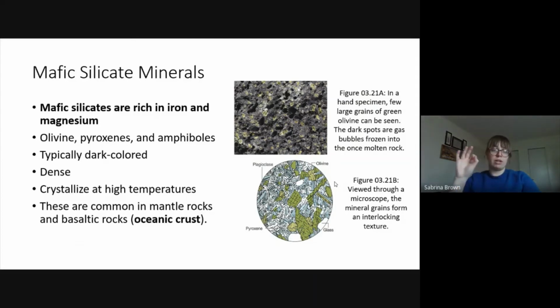So largely our ocean basins are made up of mafic minerals, and our continents are made up of felsic minerals. We will use these words a lot throughout the beginning of the semester. So know, felsic: lighter colored, richer in silicon and aluminum; mafic: darker colored, richer in iron and magnesium.